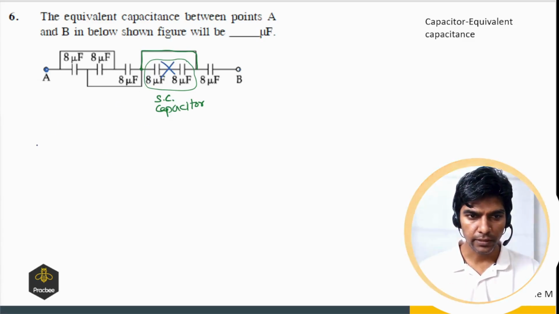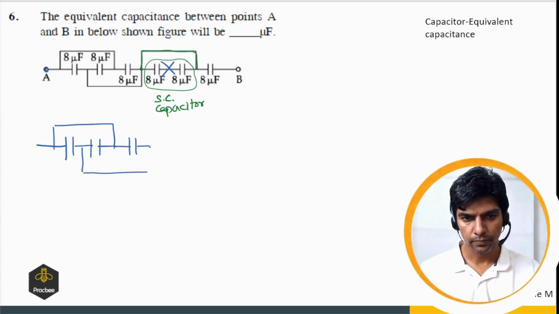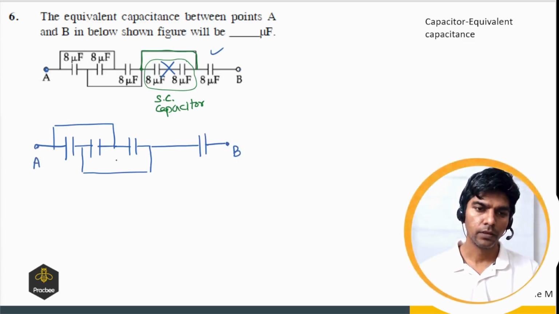So now the circuit will look like this. So we have two capacitors, and here we have another capacitor, and this one. Right?